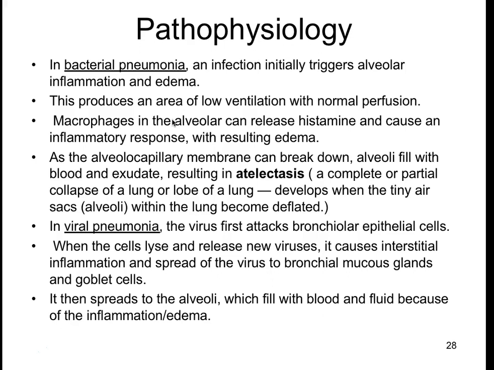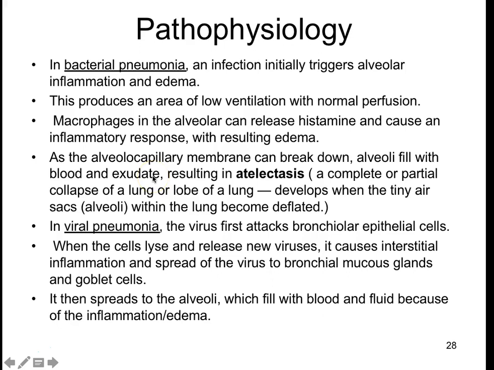But by doing that, it's causing an inflammatory reaction. And that inflammatory reaction can release histamine and cause inflammation and edema. Now, sometimes in extreme cases of bacterial pneumonia, you can have the partial or total collapse of a lung, atelectasis. It's unusual, but it can happen.